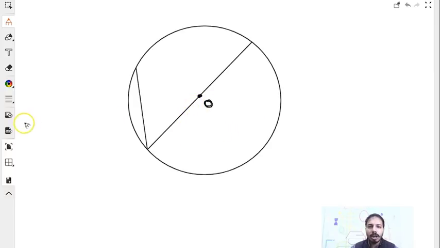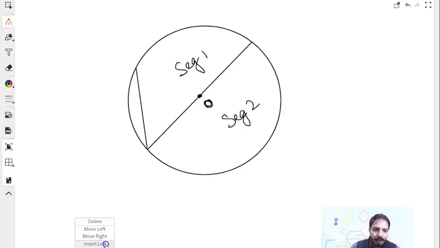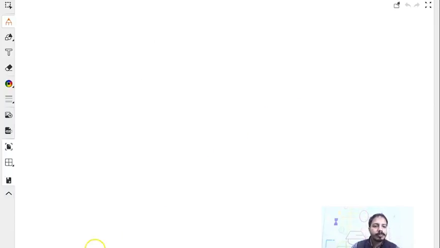This chord divides the circle into 2 segments, and both the segments should be equal. This was the first known proof, which was given by Thales. If you have studied Euclid's geometry, you'll get there.